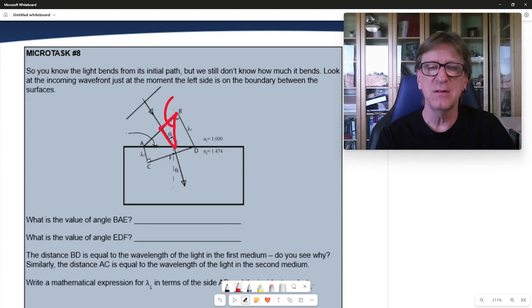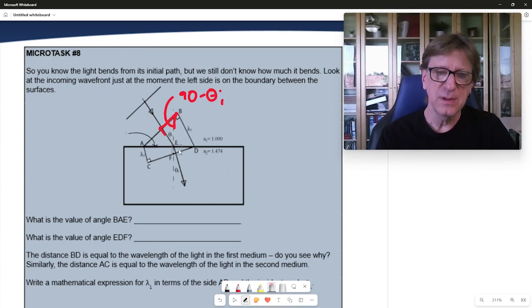So this is a right angle. If this is theta I, then this must be 90 minus theta I, because it's a right triangle.